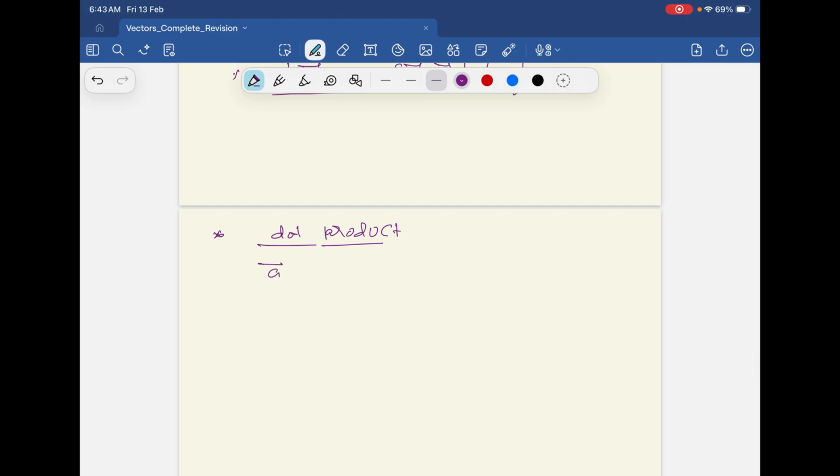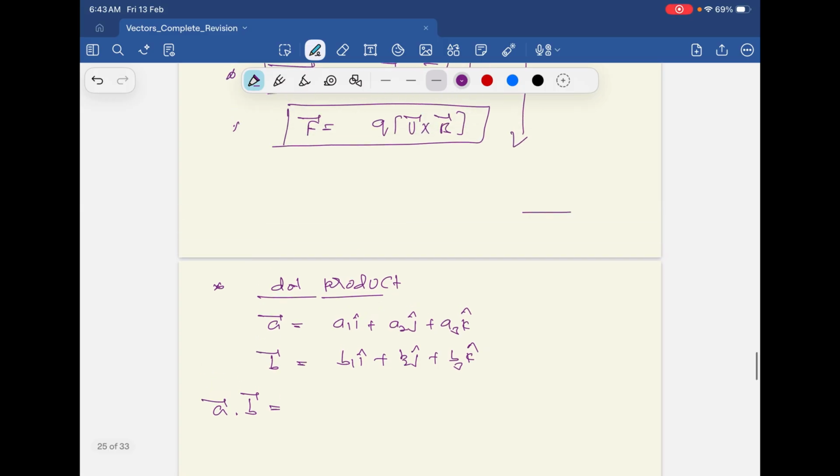So for example, I will take component form. Say A bar vector is A1 i plus A2 j plus A3 k, and B bar vector is B1 i plus B2 j plus B3 k. So how to find A bar dot B bar? Okay, now as we mentioned before, i, j, k are vectors along x direction, y direction and what? z direction.